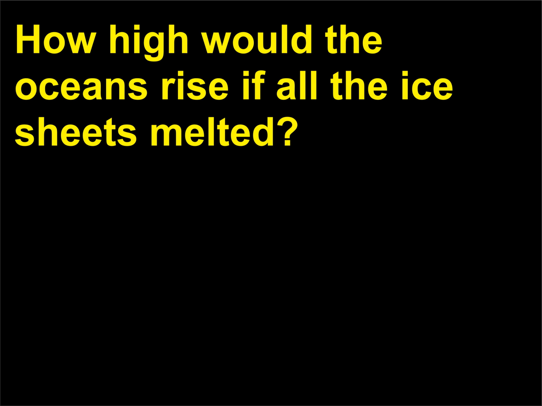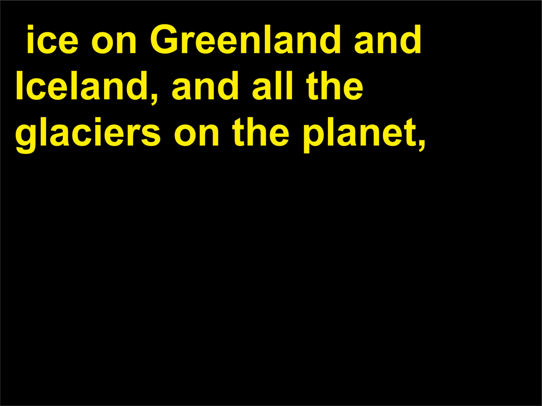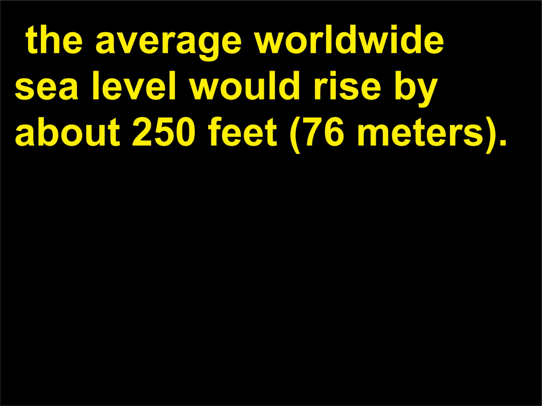How high would the oceans rise if all the ice sheets melted? It is estimated that if all the ice sheets melted, including the polar ice caps, ice on Greenland and Iceland, and all the glaciers on the planet, the average worldwide sea level would rise by about 250 feet, 76 meters.